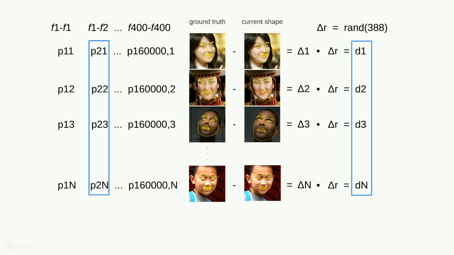Then for the next step, we will take these scalars and make them an n-dimension vector. And on the other hand, we have all these n-dimension vectors. We will correlate these vectors and try to find the one with maximum correlation. Let's say it's this one.